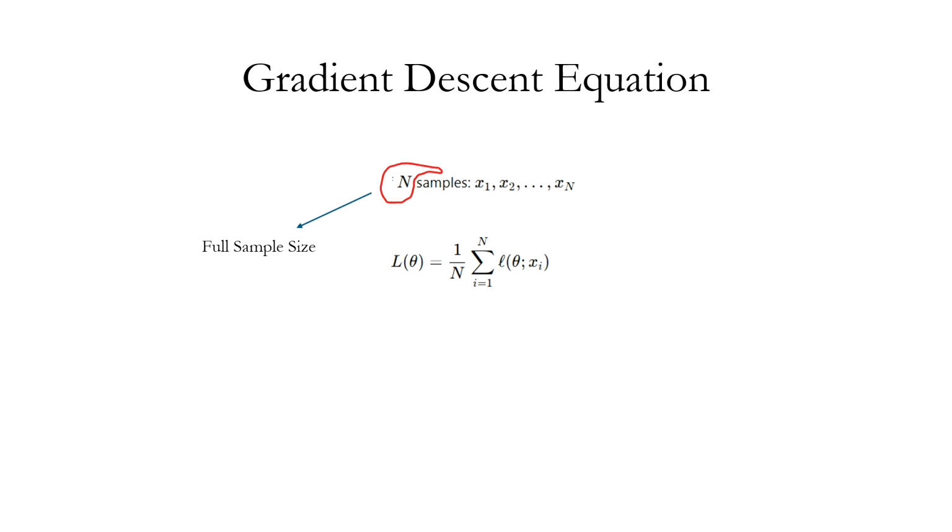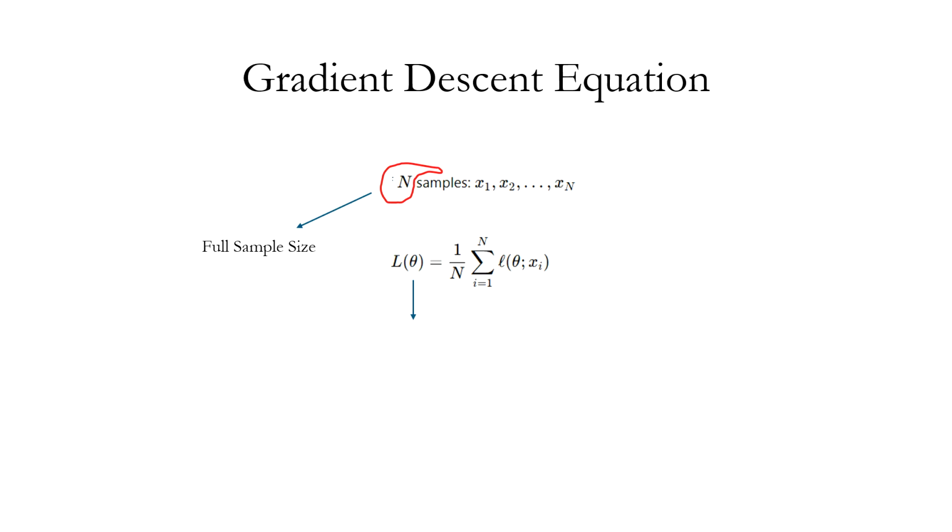Then we're going to try to minimize or optimize a likelihood function, with theta being the parameters. And then we're going to take a summation and divide it by the total population.